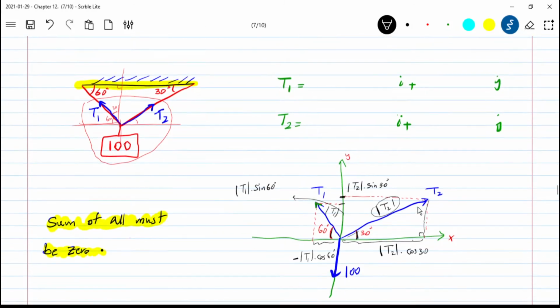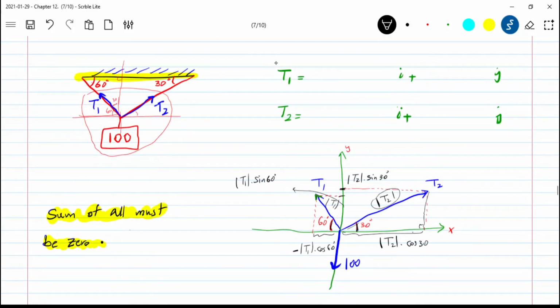So I can write the vector T1 in terms of its components.